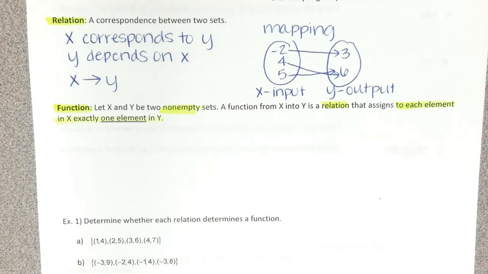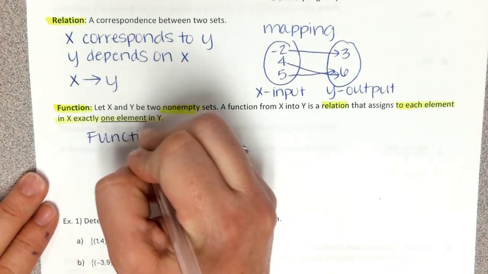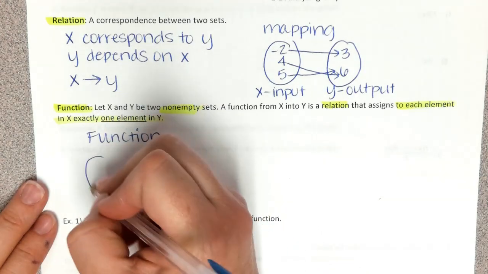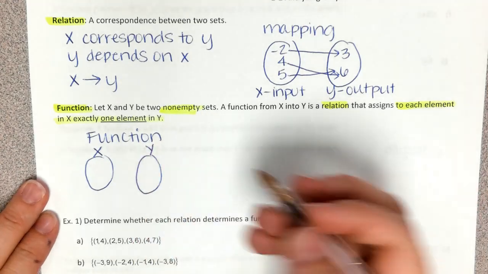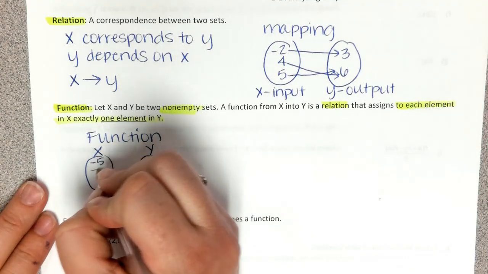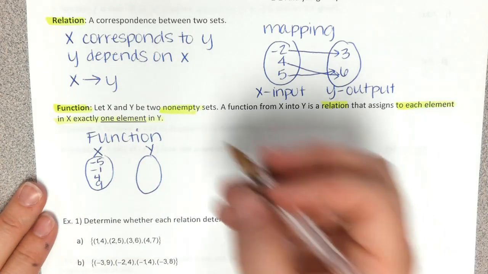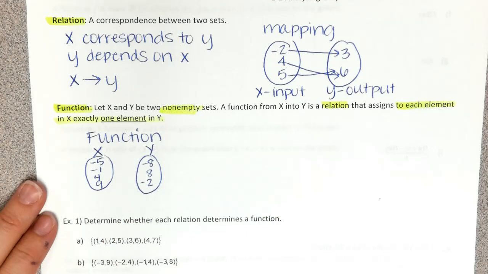Well, let's draw a visual of this. So I'm going to give you an example of a function and something that's not a function. So this mapping, let's call that first set x. Let's call this set y. Let's say x has -5, -1, 4, and 9 in it. And y has -8, +8, and -2 in it.